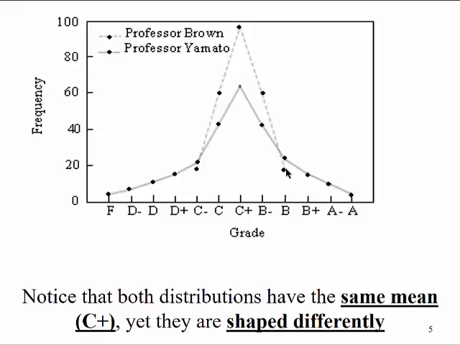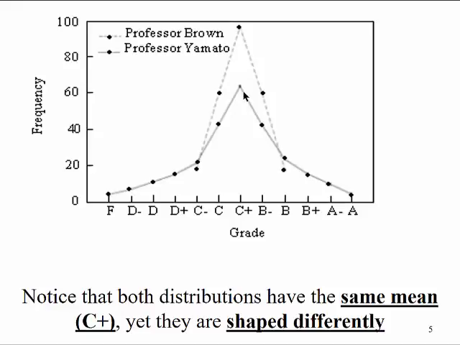So there are no A's in her classes, no B pluses, because it stops right here. So the distribution is all very much clustered around the average of C+. So it's tall and short. Versus Professor Yamato's, again, it's very spread out, right, and not quite as tall.